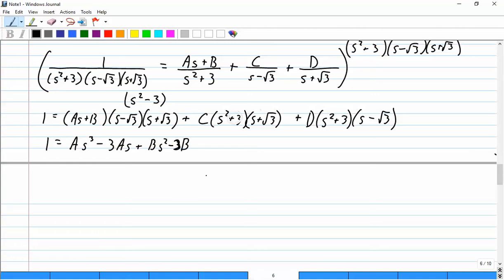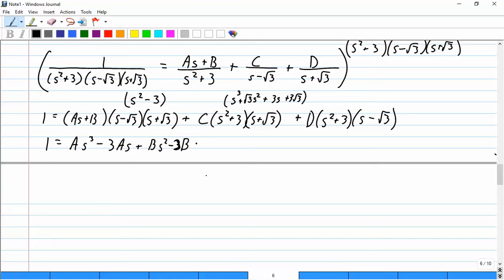Now these are the tricky ones here. I'm gonna put the terms above it. So that's gonna be s cubed, then plus square root of 3 s squared plus 3s plus 3 square root of 3.